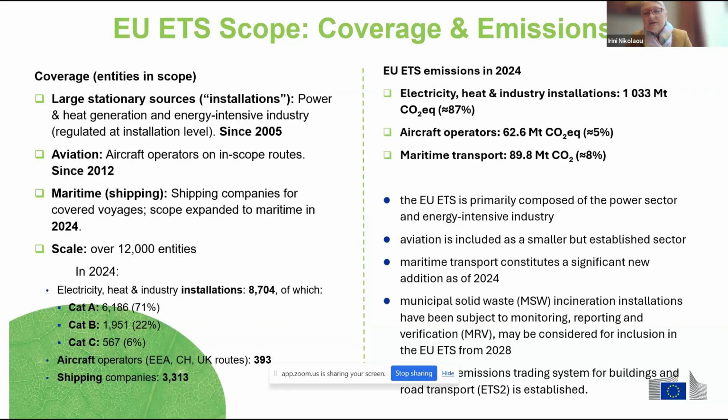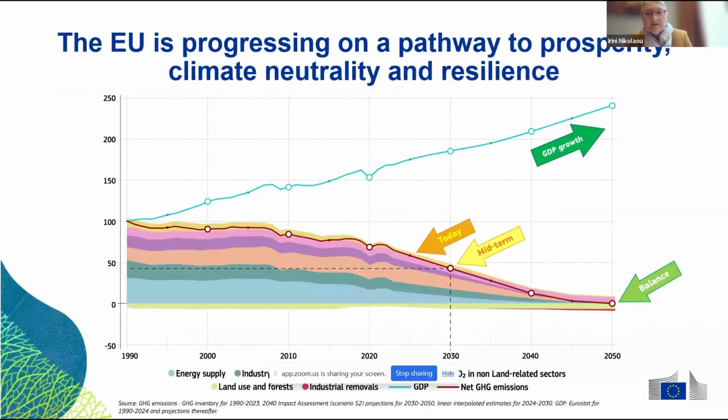We'll see in 2028. I added that slide just because of the previous question, what about the GDP growth if we have an ETS? Well, this represents for the EU ETS the whole EU GDP, and here you can see that we managed to have a GDP growth while we have reductions in total emissions.